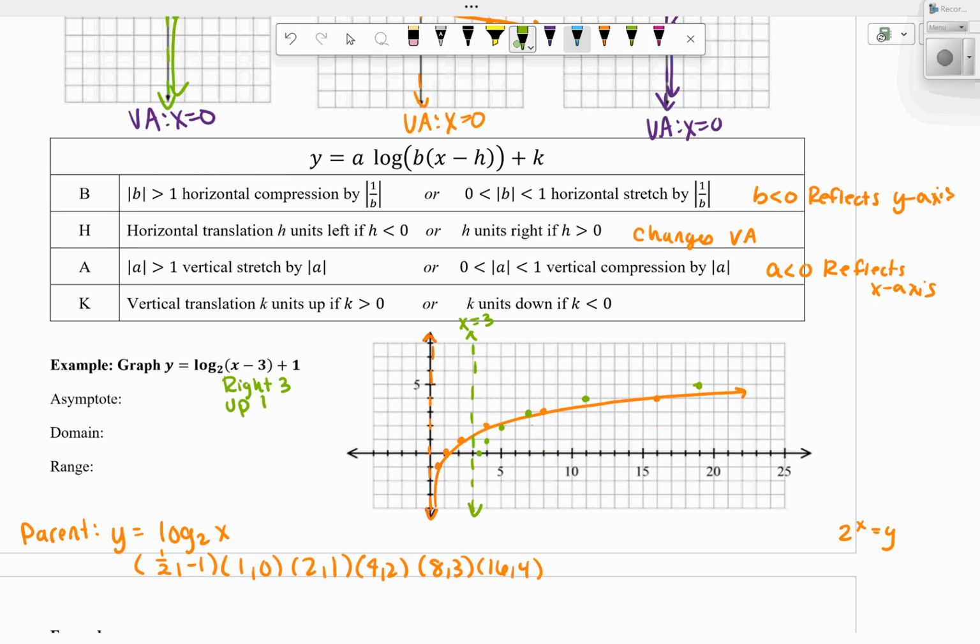And so our graph would look like this. All right, so that would be our graph. And so we can see the vertical asymptote at x equals 3. So our domain would be 3 to infinity. And the range for these is always all real numbers.